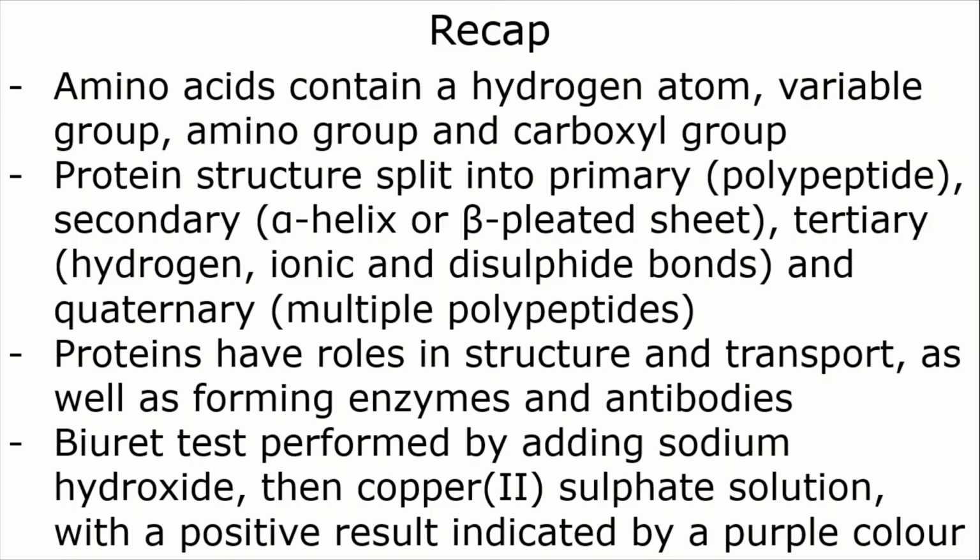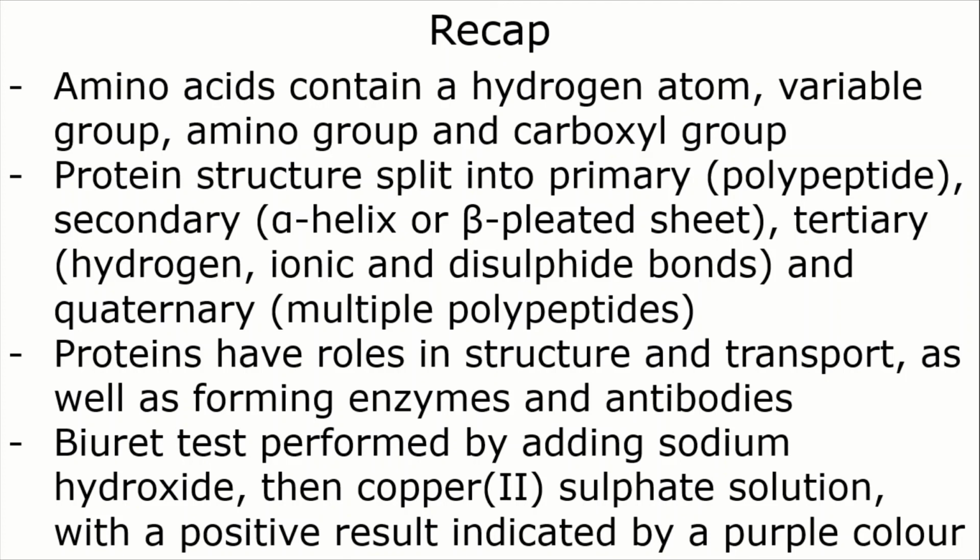We've learnt that proteins have roles in structure and transport, as well as forming enzymes and antibodies, and we've learnt that a Biuret test is the test needed to find out whether there's protein in solution, and this is performed by adding sodium hydroxide to make our solution alkaline, then adding copper 2 sulfate solution, and a positive result is indicated by a purple colour.